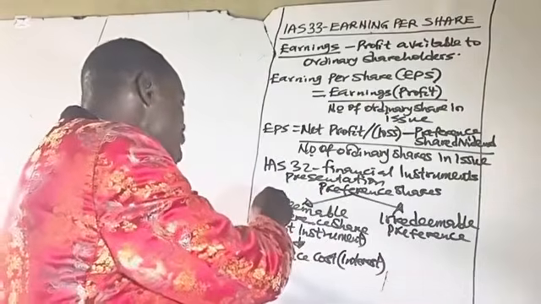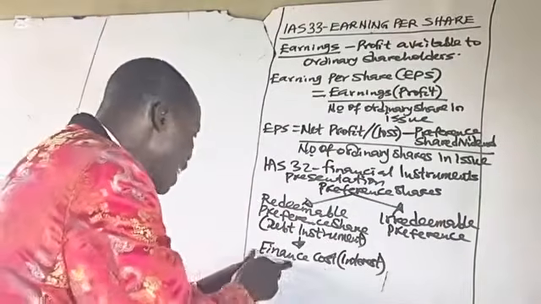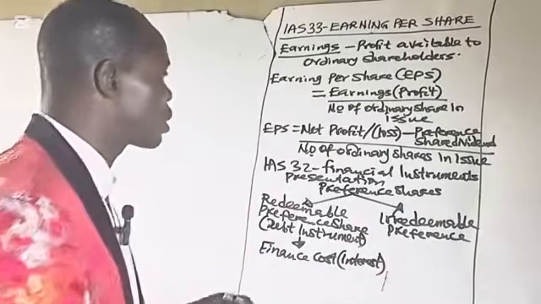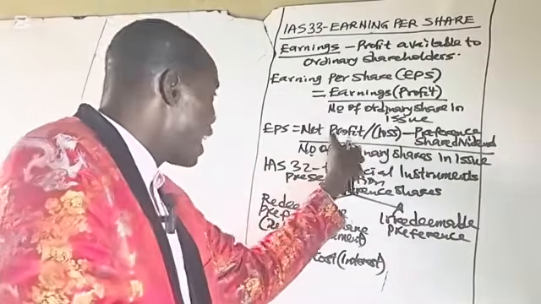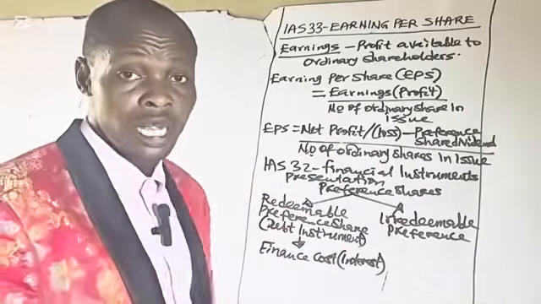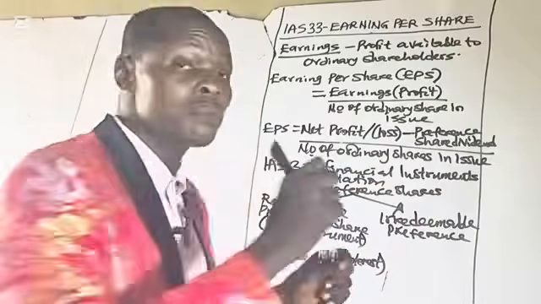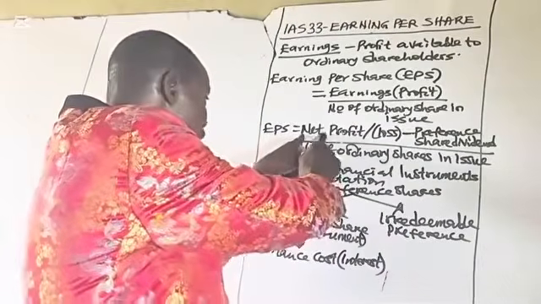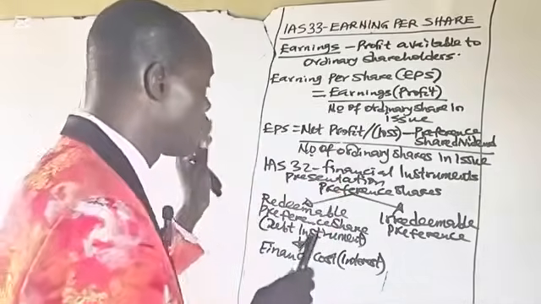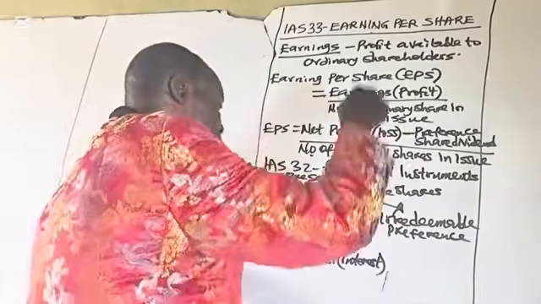So if a preference share is redeemable, its dividend will have been treated as part of the finance cost. In that case, the preference dividend has been deducted before arriving at this profit. You don't need to deduct it again, to avoid recording the same dividend twice, since it has been deducted before arriving at the profit for the year or profit before tax.